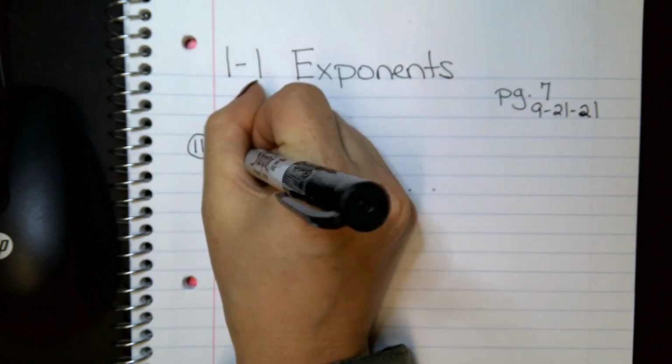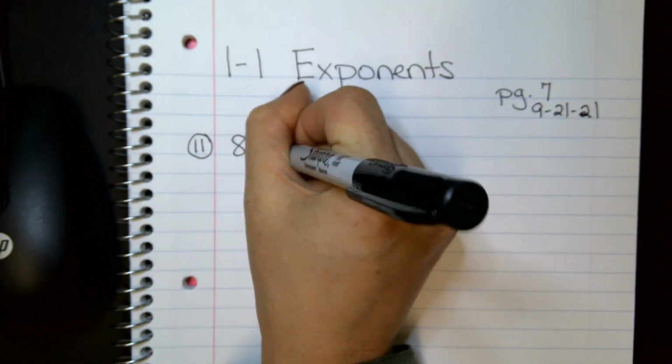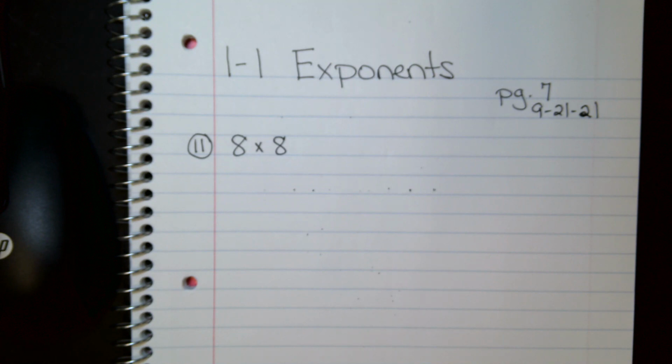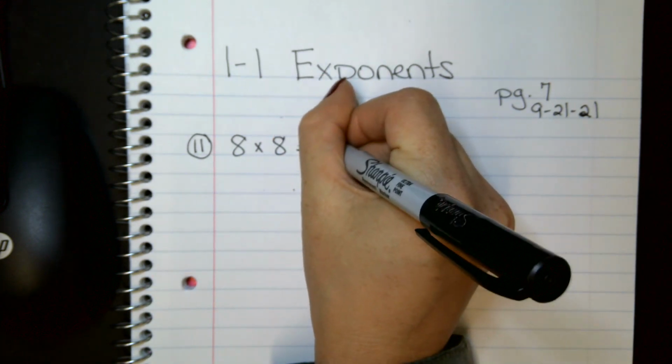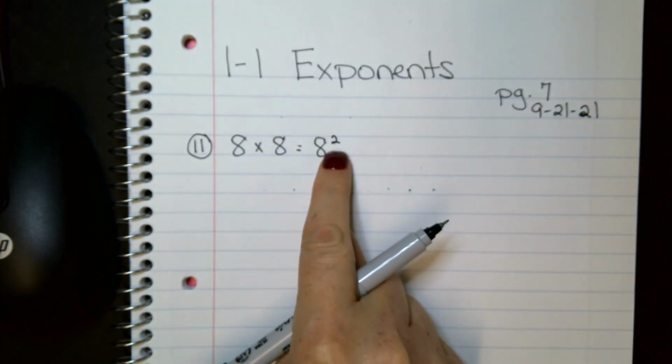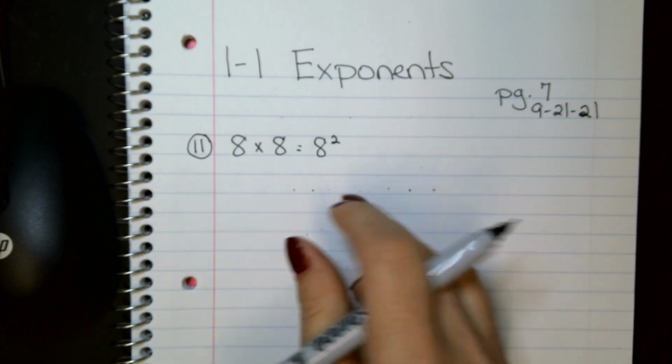Number 11, I'm going to write it out, is 8 times 8. How would you write 8 times 8 with exponents, using the exponent? Yes, Ben. Okay, 8 with a small 2. Okay, and when you have that small 2, that's saying squared.